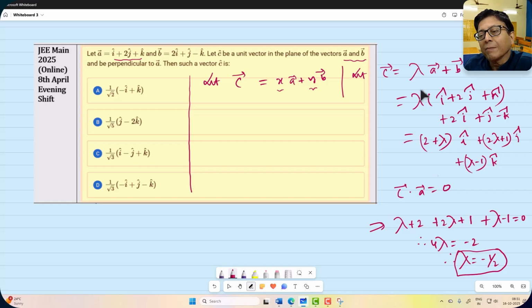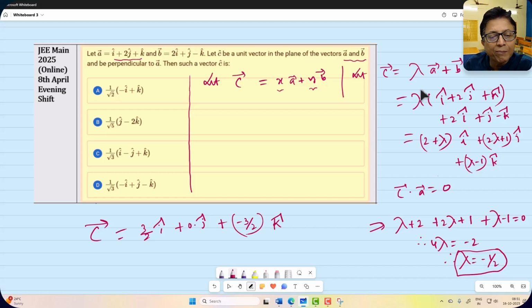So if lambda equals minus half, then the vector C can be taken in the form 3 by 2 i cap, plus (2 lambda plus 1), that is 0, into j cap, plus (lambda minus 1), that is minus 3 by 2 k cap.